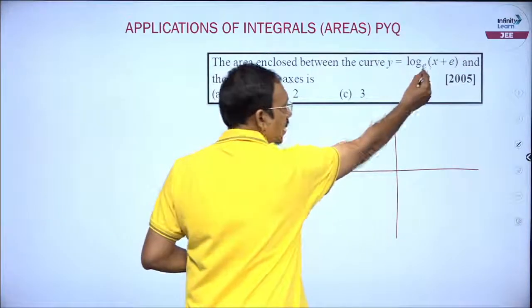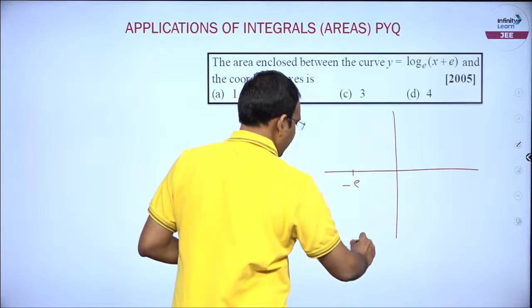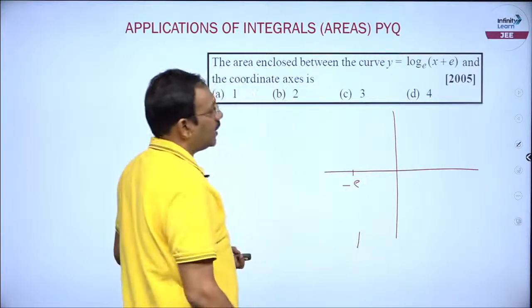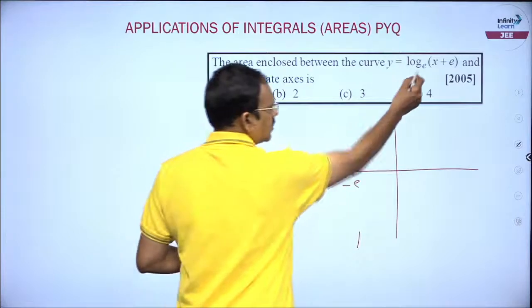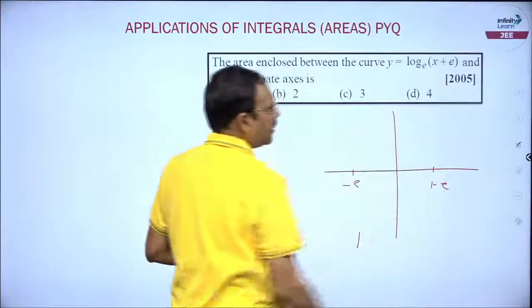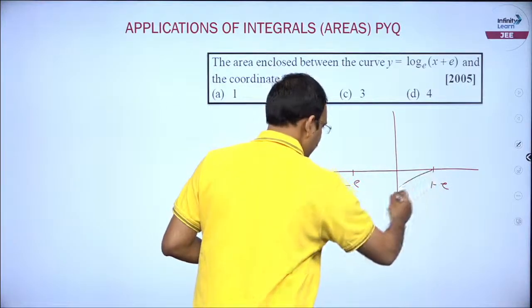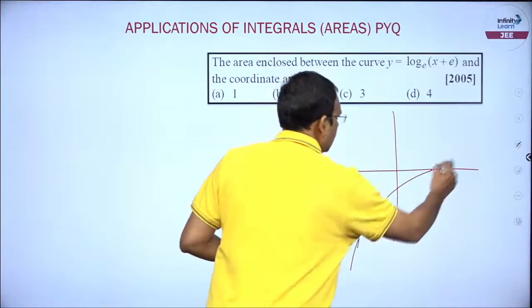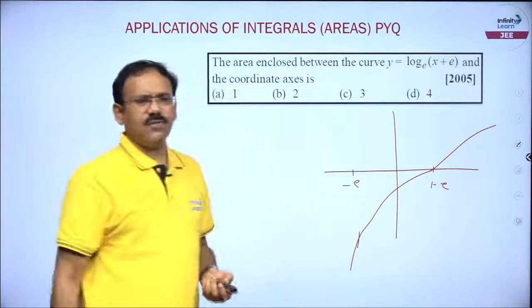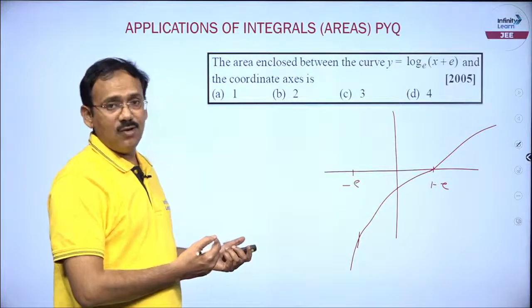When x is minus e, this becomes minus infinity, and when you put x as 1 minus e, log 1 is 0. So, the graph will be like this, then it goes to infinity like this, just like the log x graph, dragged to the left side by e units.